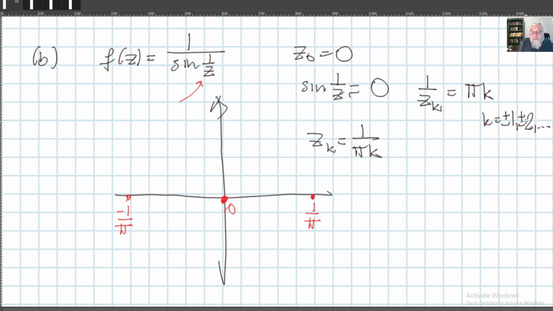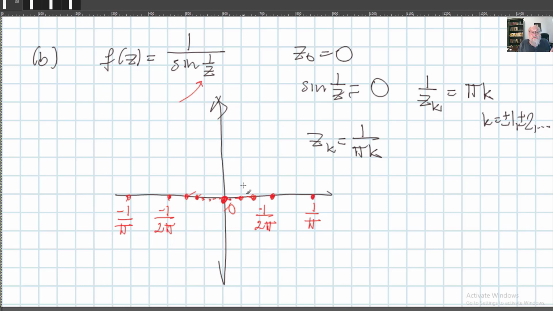And then I have k equal 2. So just in the middle, this will be 1 over 2 pi, and that one is minus 1 over 2 pi. And then 1/3, 1/4 of pi of these values, and you are getting a whole sequence of infinitely many singular points.